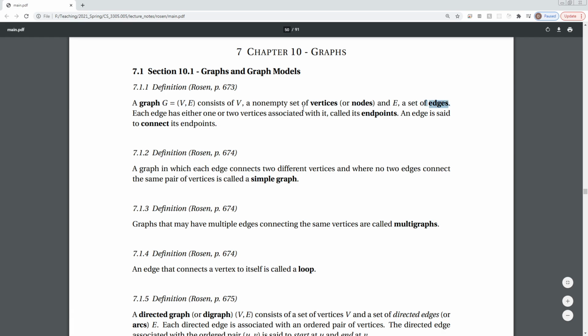They can all be isolated points, and that's a graph. There is no requirement that E be non-empty, but the vertices must be non-empty, otherwise it's not a graph. Each edge has either one or two vertices associated with it, called its endpoints. An edge is said to connect its endpoints.